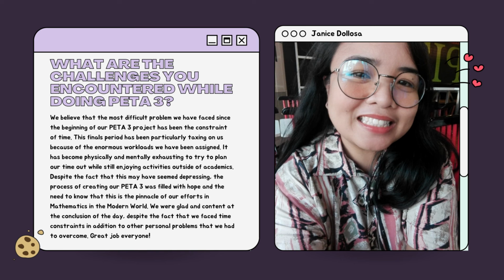Despite the fact that this may seem a little depressing, the process of creating our PETA 3 was filled with hope and the need to know that this is the pinnacle of our efforts in mathematics in the modern world. We were glad and content at the conclusion of the day, despite the fact that we faced time constraints in addition to other personal problems that we have had to overcome.